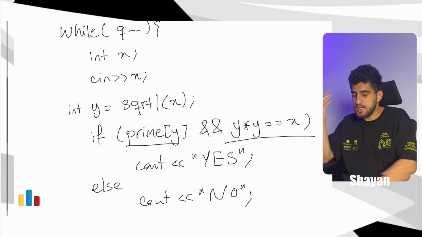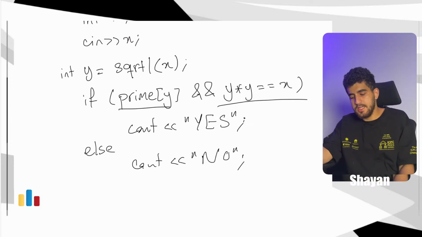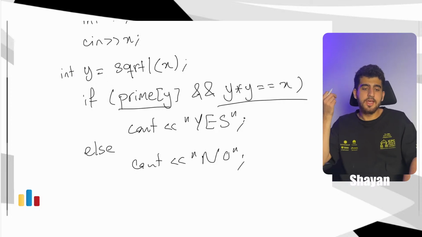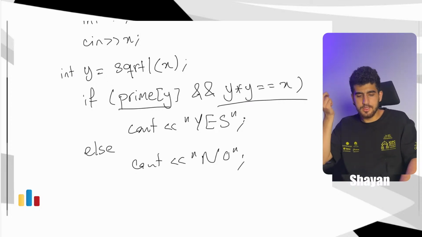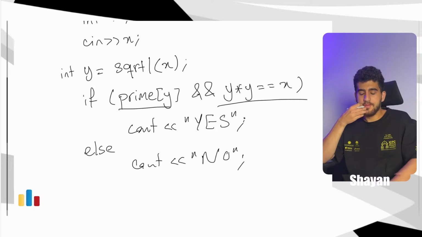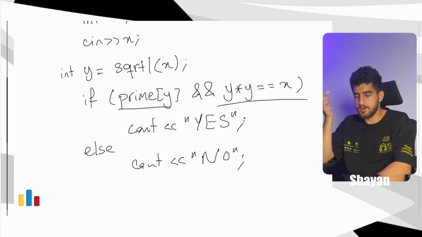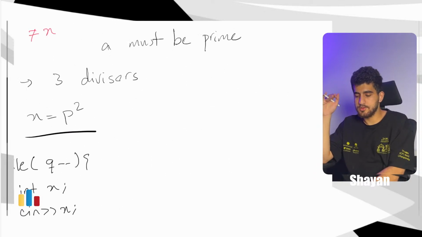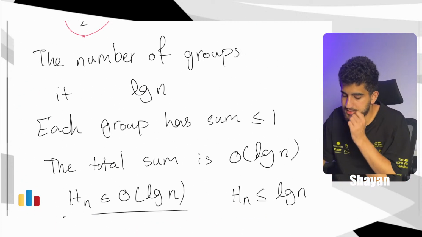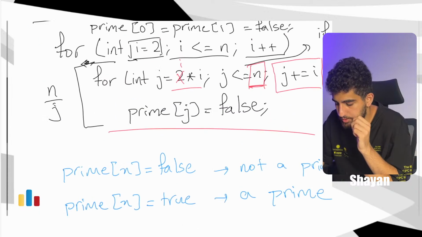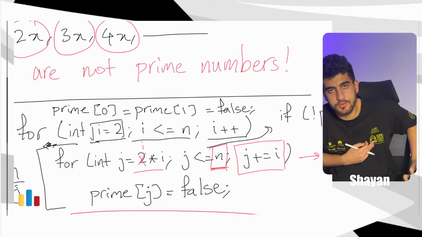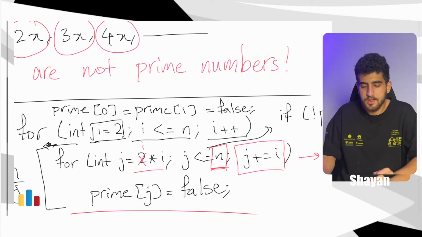So you just need to first find out if that number is prime or not. We talked about how to find out if a number is prime or not, using that solution that we had in here. I still have to talk a little bit more about it. I haven't yet told you what its name is.